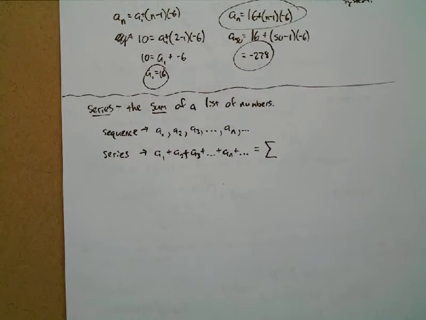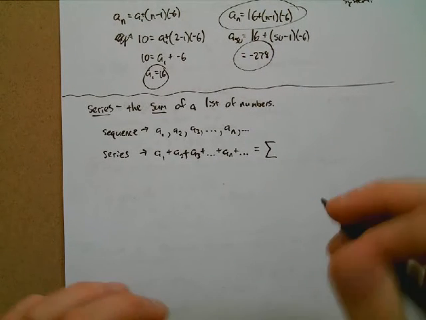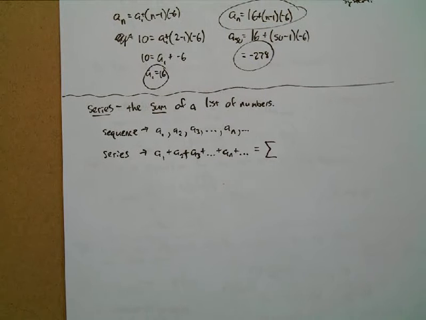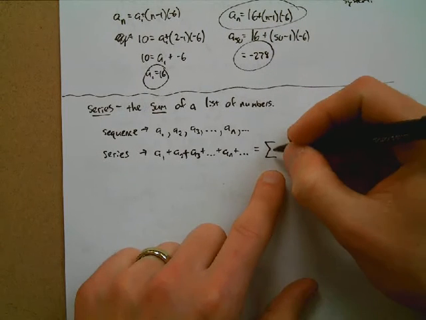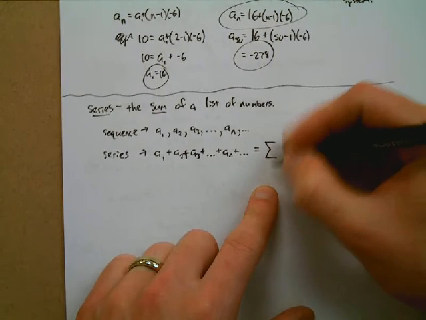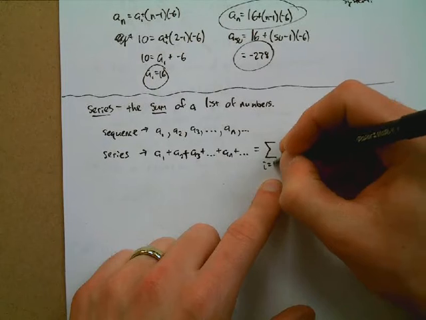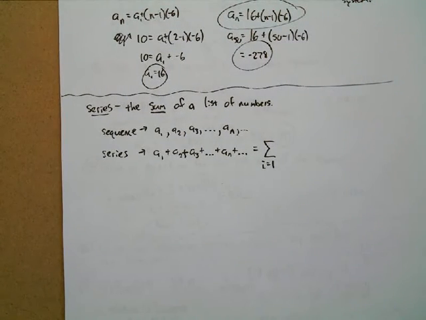In this case, we started with term 1, and then we're going to add up to term n. So add from term 1 up to term n. What are we adding? That's what goes to the right of the sigma. Because we're just adding up a's, it'll be a sub i.